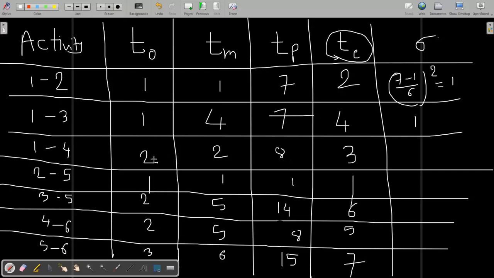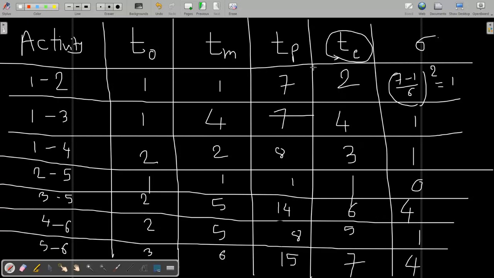Again 7 minus 1 is 6, 6 by 6 is 1. 8 minus 2 is 6, 6 by 6 is 1. Then 1 minus 1 is 0. 14 minus 2 is 12, 12 by 6 is 2, 2 squared is 4. And 8 minus 2 is 6, giving 1. 15 minus 3 is 12, 12 by 6 is 2, 2 squared is 4. So this is the variance.